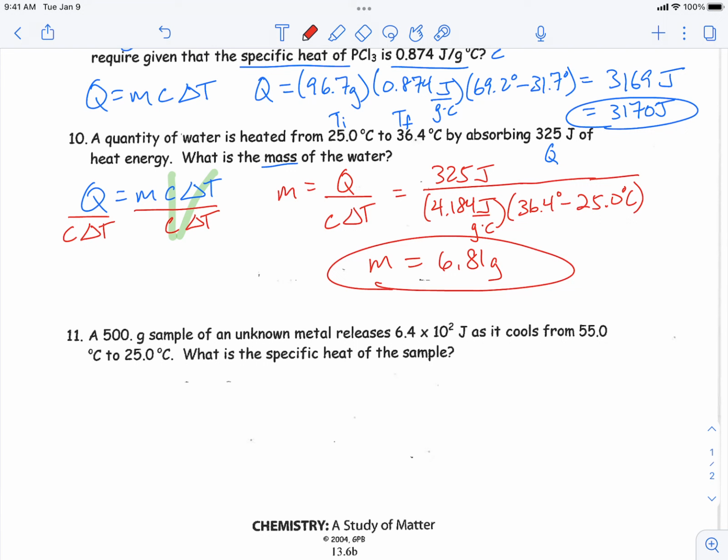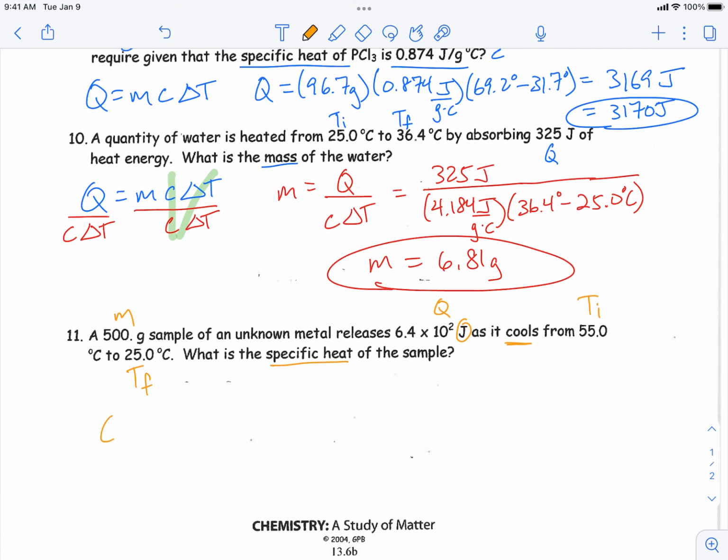Lastly, number 11 here, we have a 500 gram sample of an unknown metal. This is our Q value because it has units of joules. It's going to cool, that's a really good clue, from, so that means this is our initial temperature, to our 25 degrees, our final temperature, and what is the specific heat.